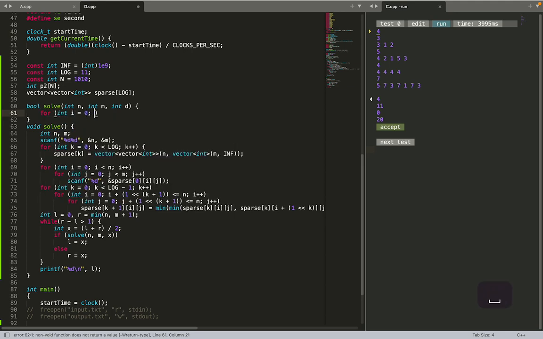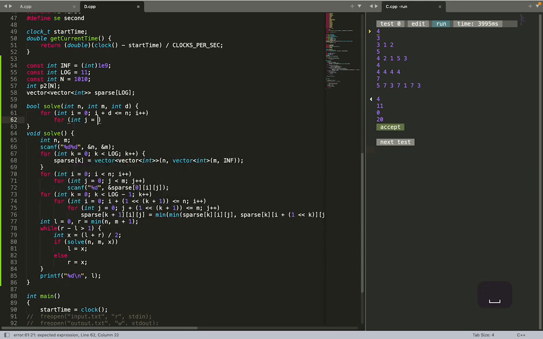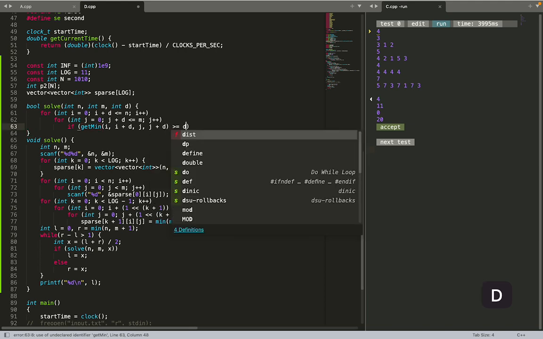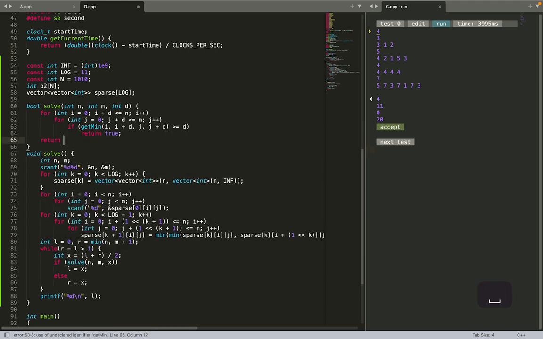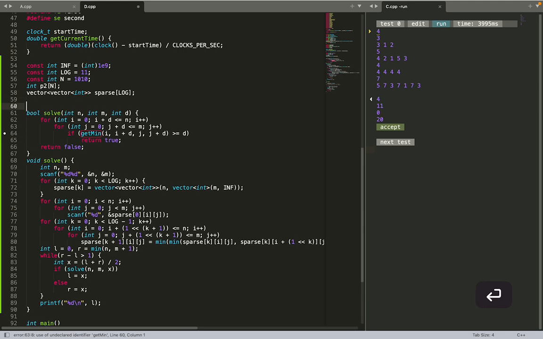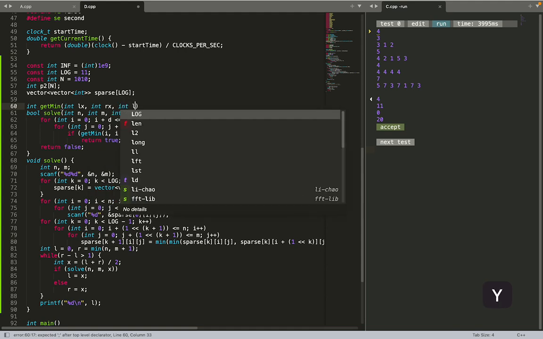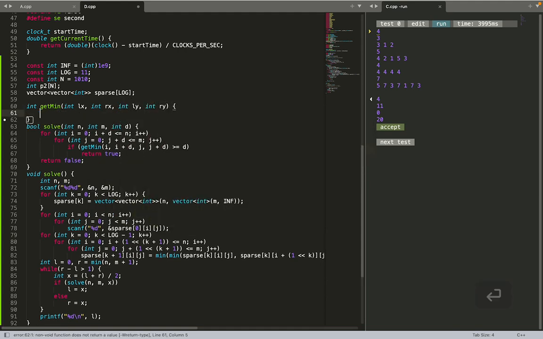Okay, so get min on rectangle. But we know that this rectangle is actually a square, so let's just say that it's a square.